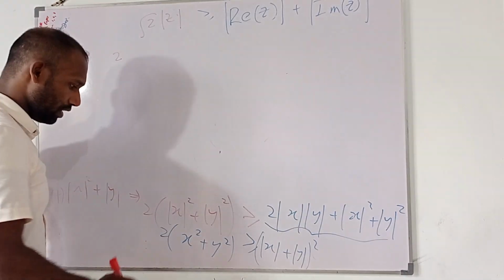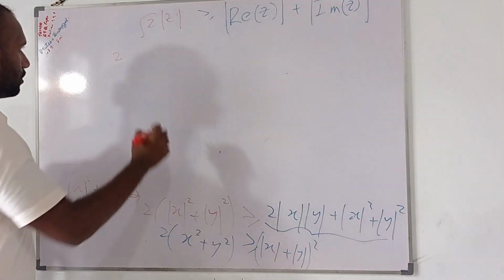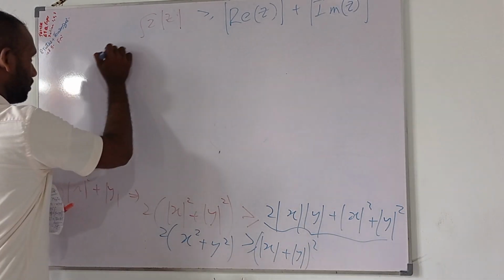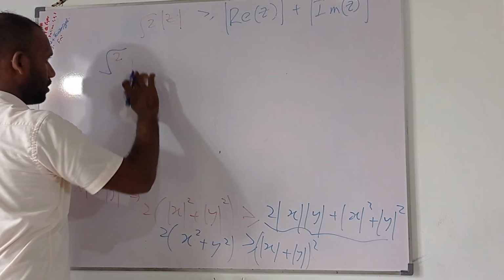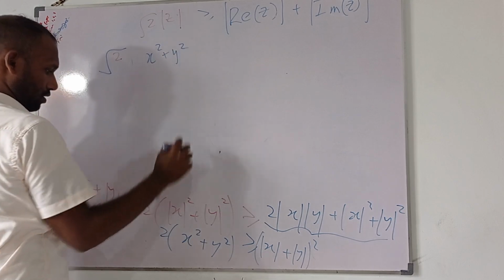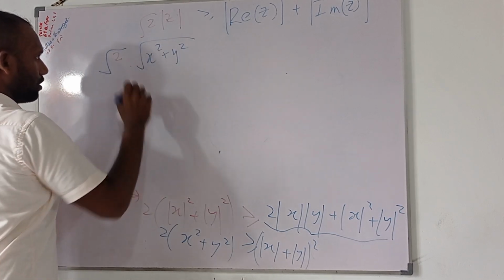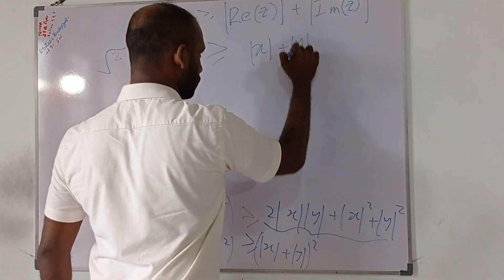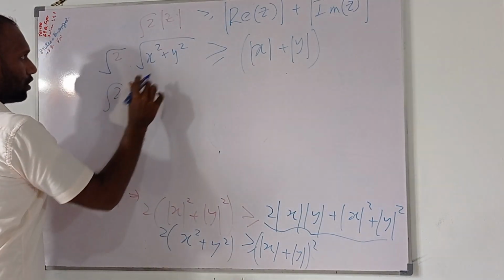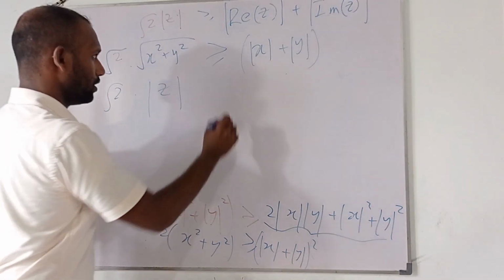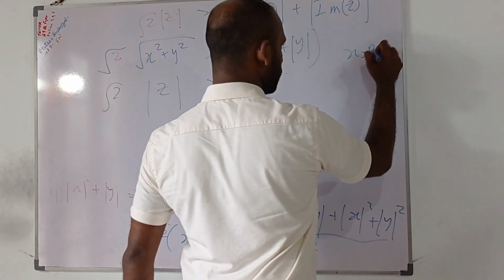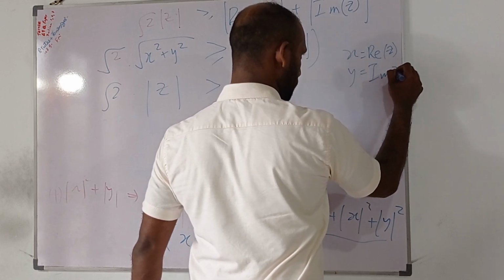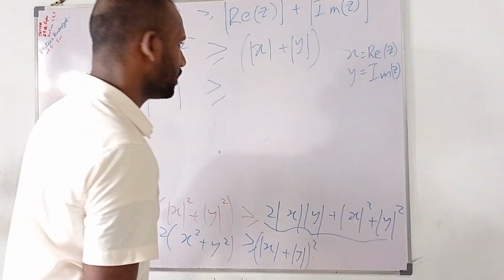So then take square root of both sides, we get root 2 times, so this is modulus of z, and x equals real z and y equals imaginary z.